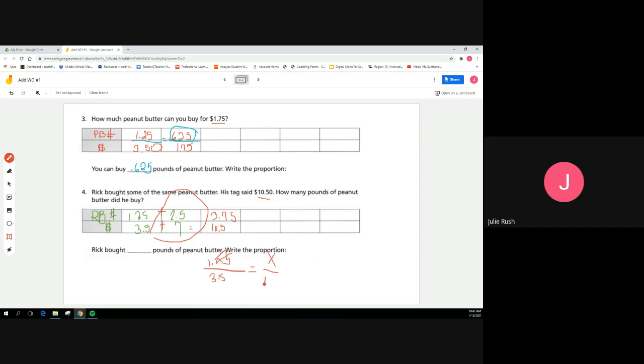So by doing it the traditional cross multiplication, or what we call the algorithm, right? You would have multiplied 1.25 times 10.5, then divided by 3.5. So again, multiple decimal places in there that we have to keep track of because it affects our answer. Or we could have just done a ratio table and expanded and added that column in the middle.